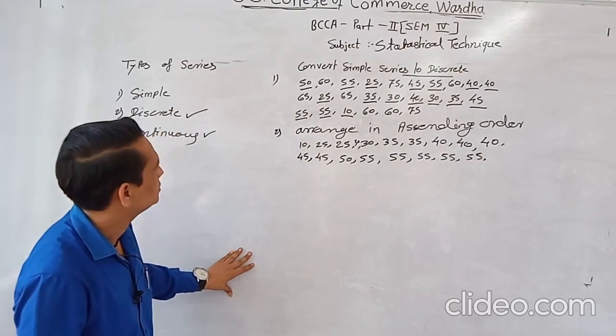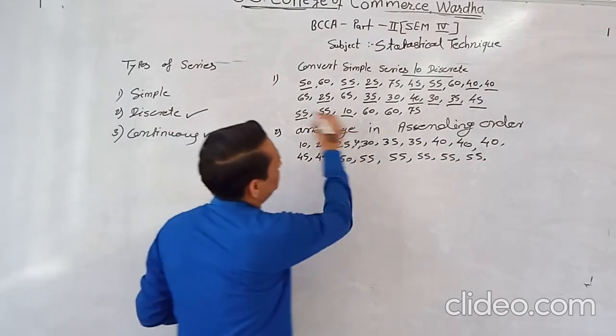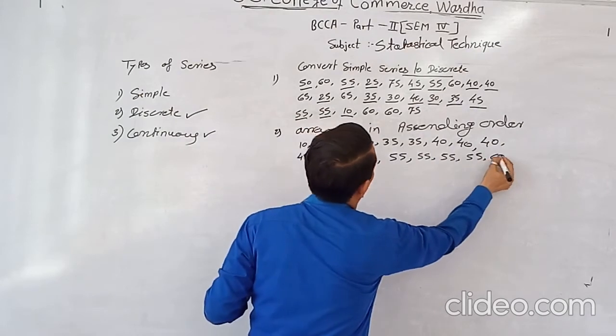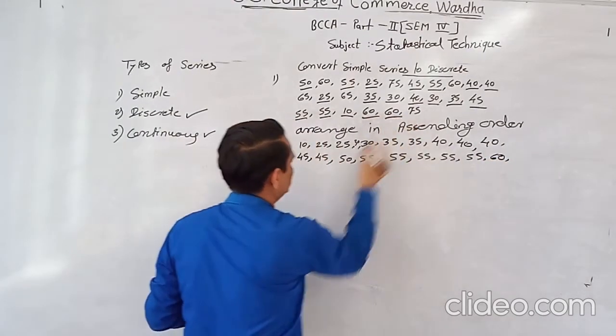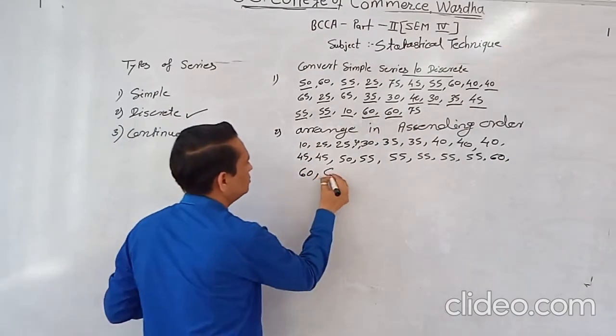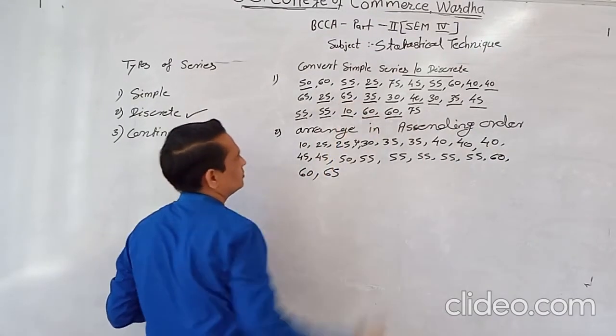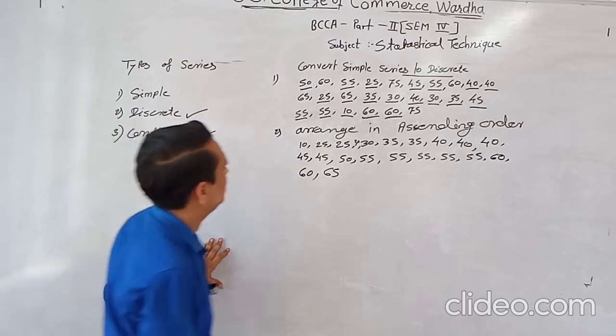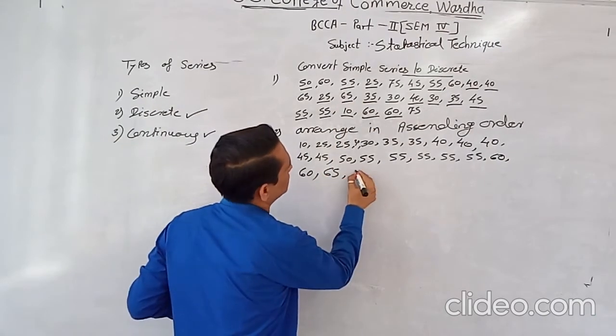After that 60, 2 times 60, then 65, and the last one 75.